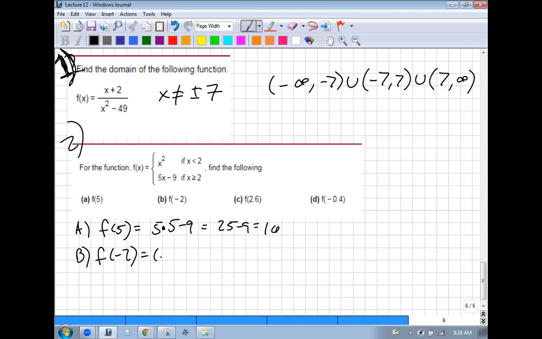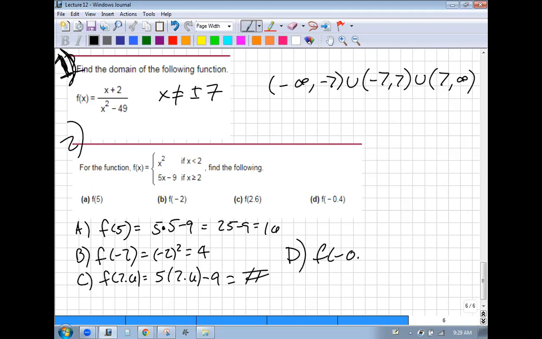So this would be negative 2 squared, which gives us 4. f of 2.6. 2.6 lies here, so we would have 5 times 2.6 minus 9, which is some number, right? And f of negative 0.4. Negative 0.4 is less than 2, so this would be negative 0.4 squared. Whatever, plug that into your calculator. Yes. What? This?